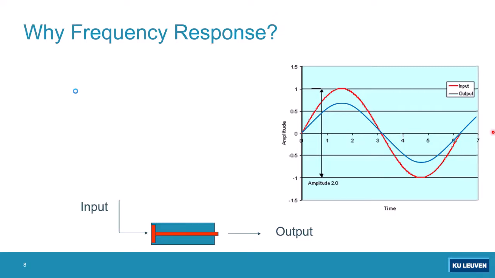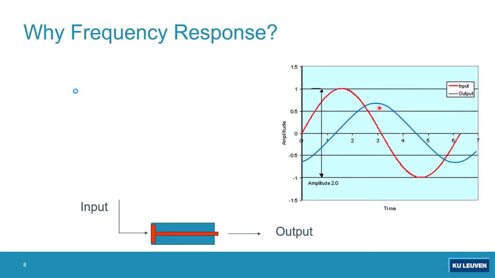At another frequency, we might have the following case, where again the amplitude is attenuated, but the angle of G(jω) is not equal to 0, so the response will be shifted. As you can see here, the response is delayed compared to the input signal.